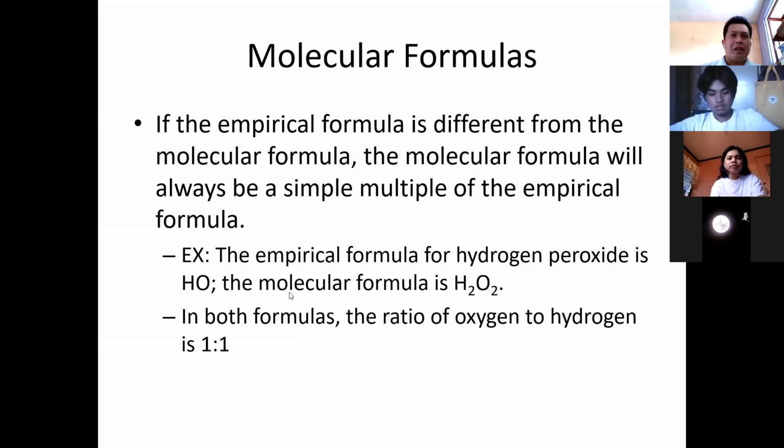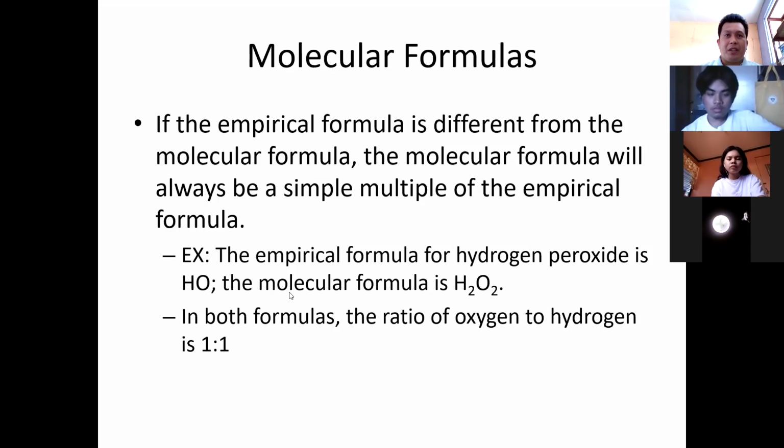Comparing the molecule of hydrogen peroxide, class, the molecular formula of hydrogen peroxide is H2O2. But the empirical formula of hydrogen peroxide is just HO. How is that possible?